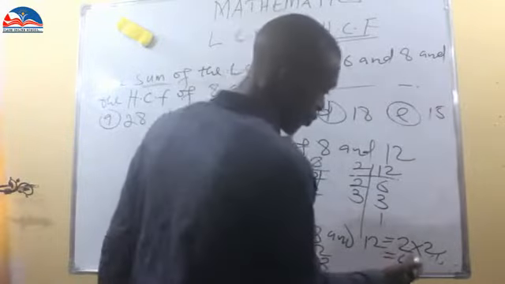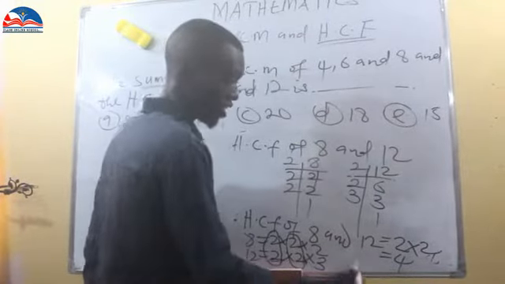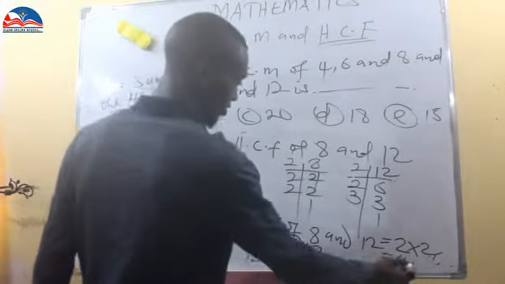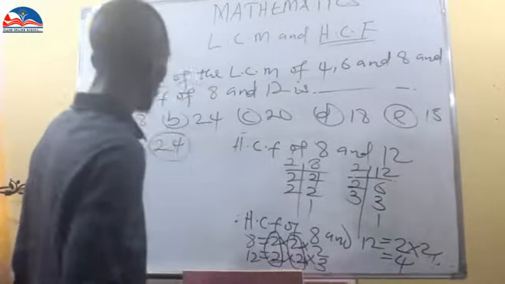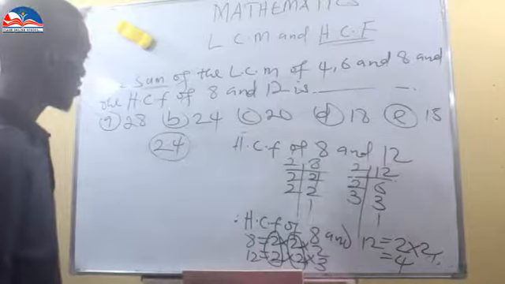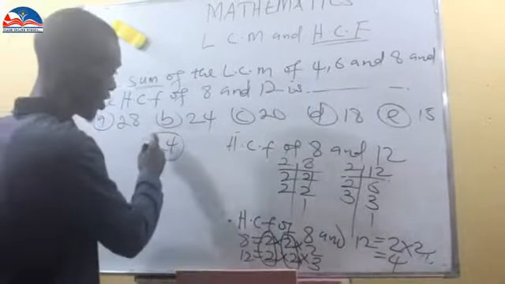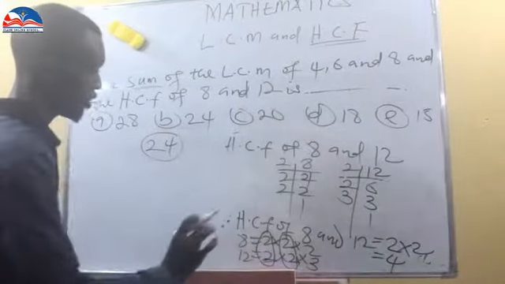So we've successfully obtained our HCF, which is 4. And remember that our LCM is 24.